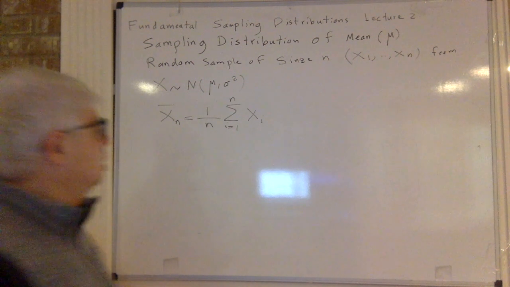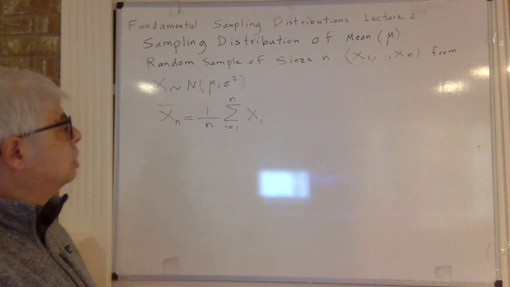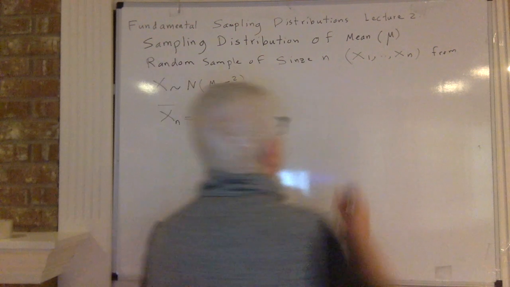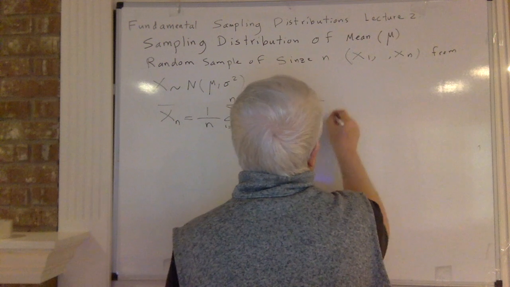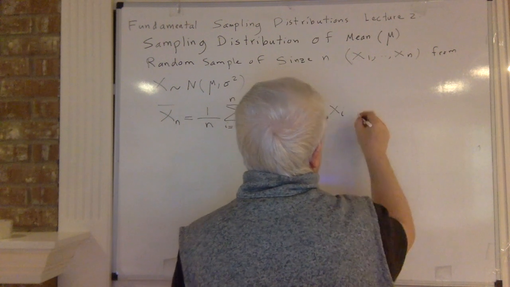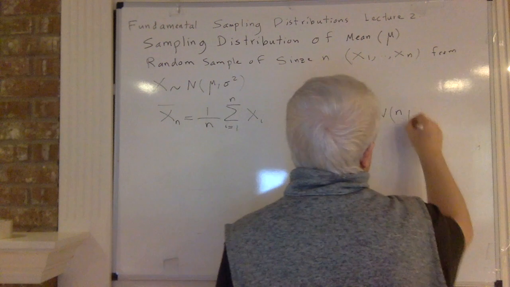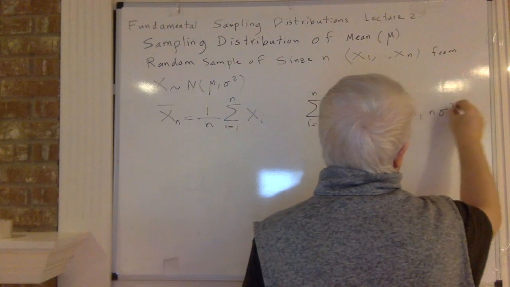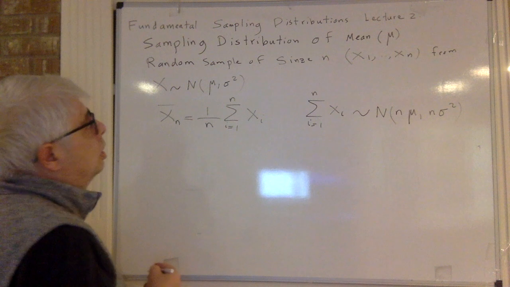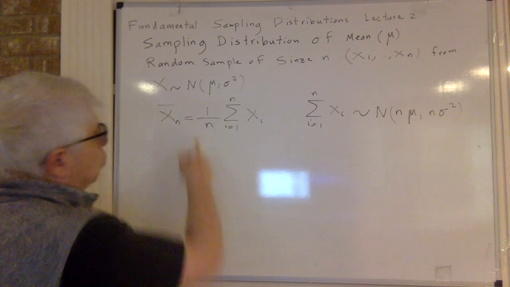Well, we know that this, by the theorem, sigma x_i is itself also normal, with n mu and n sigma squared. That was one of the theorems I explained last time, and now I want 1 over n.